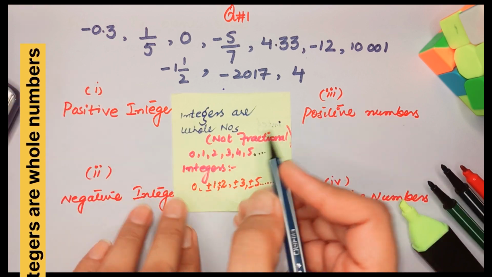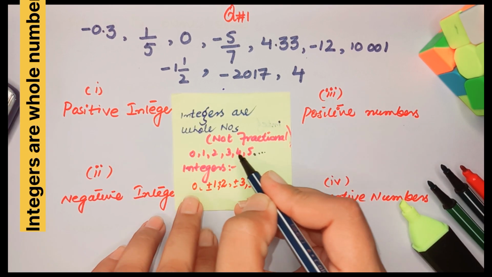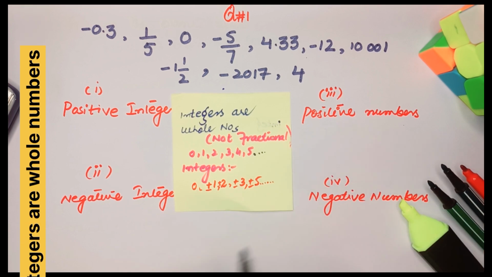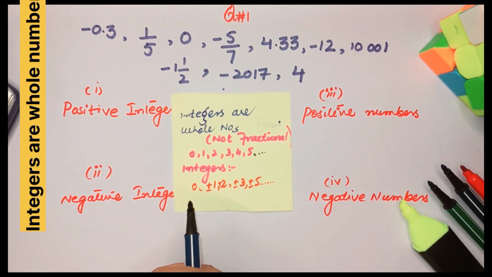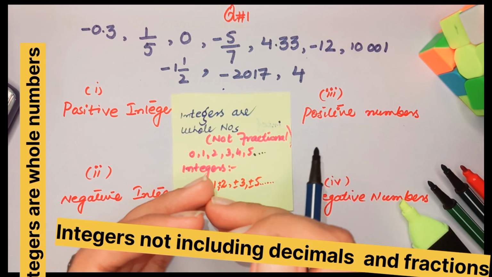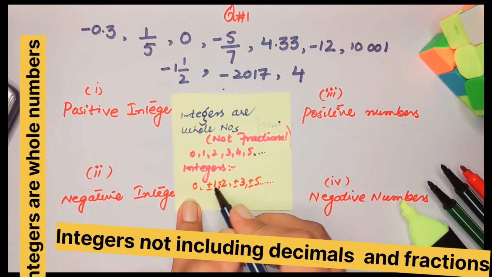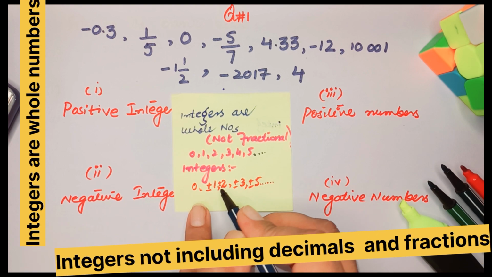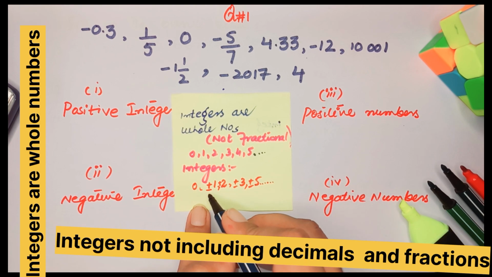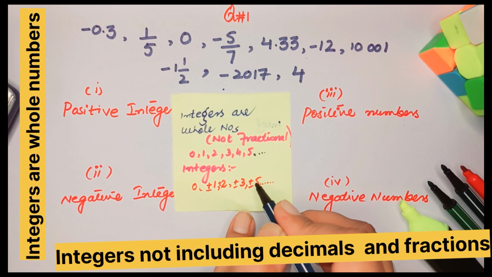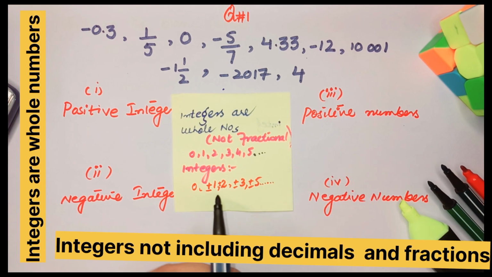So whole numbers are like 0, 1, 2, 3, 4, 5. We have positive integers and negative integers too. Positive integers are 1, 2, 3, 4, 5 and negative integers are -1, -2, -3, -4, -5 and like this.